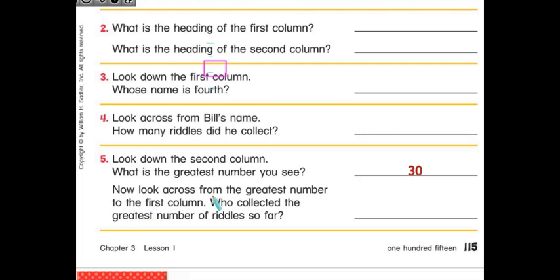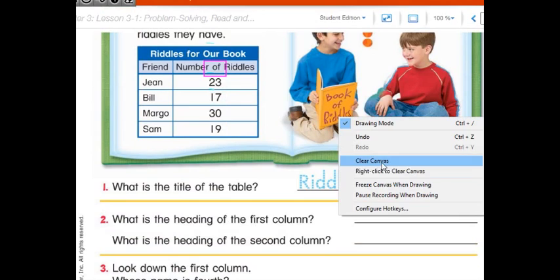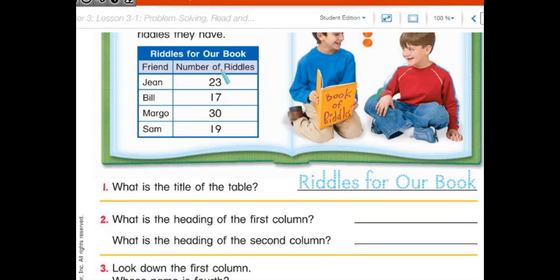Now look across from the greatest number to the first column. Who collected the greatest number of riddles so far? We will go and try to find the greatest number, which is 30. Okay, this is the greatest number. So who collected 30 riddles?